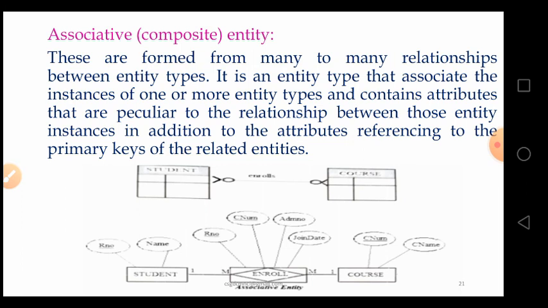Roll number is the primary key. Next, in the course entity, course name and course number are the two attributes. Course number is the primary key.